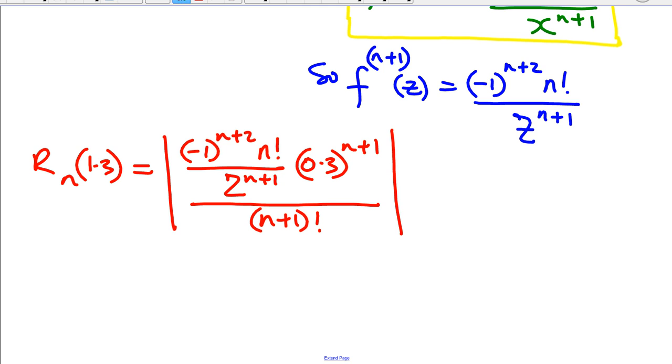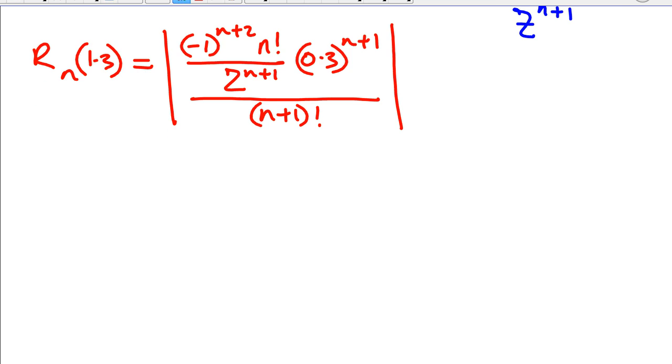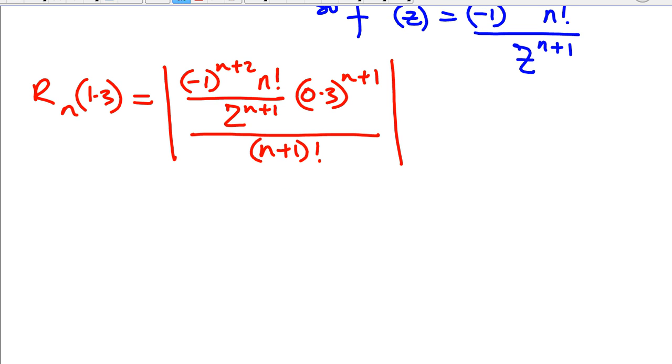Okay. We can simplify this. In fact, I'm just going to rewrite this expression. This can be simplified as the absolute value of negative 1 to the power. Now we don't have to write negative 1 again, because this is absolute value also.